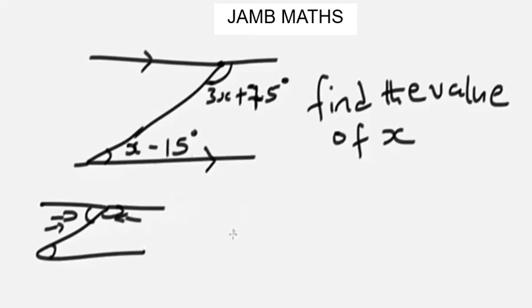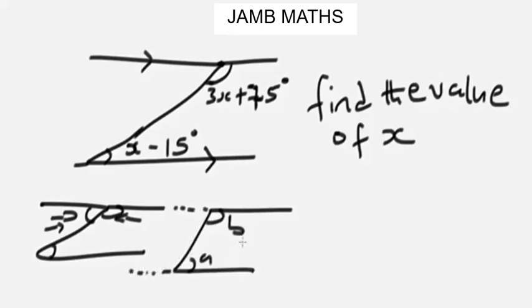All right, remember, in allied angle, the shape we had was something like this, in the form of a C shape. So we had our allied angles to be like this, A and B. Now when I say that A plus B will add up to 180 degrees, that means since this is allied angle, not alternate angle, both angles, the angle here and the angle here, add up to 180.